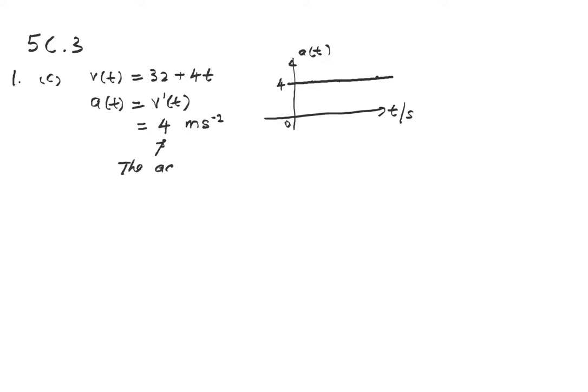So this shows that the acceleration is always 4 meters per second squared. So that's why it's a constant. It doesn't depend on time. So you have shown it already.